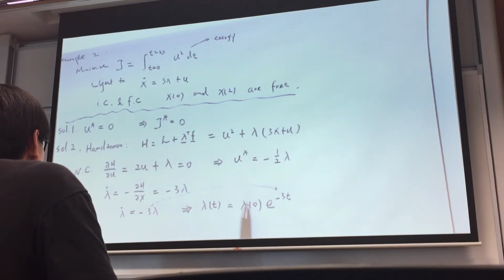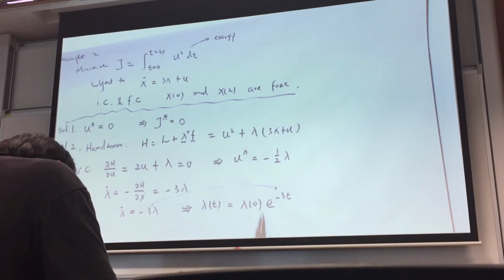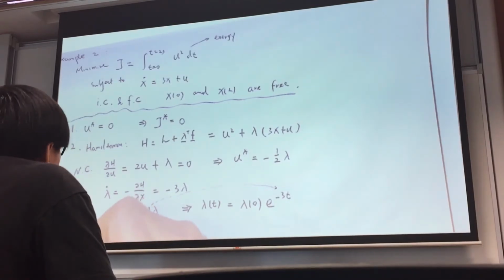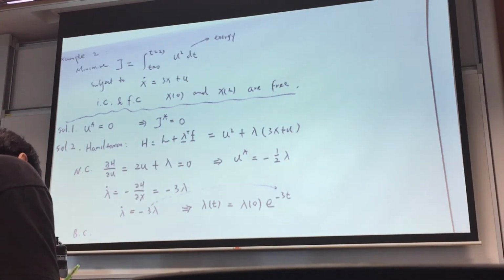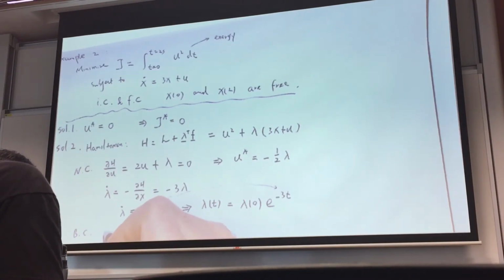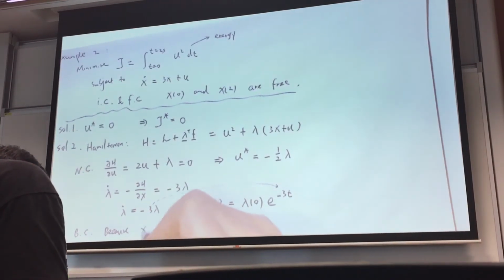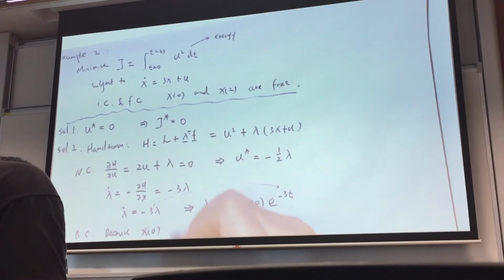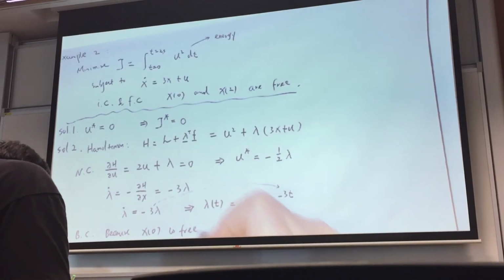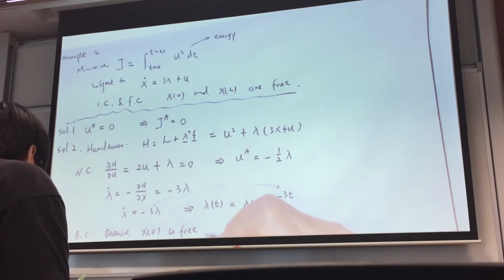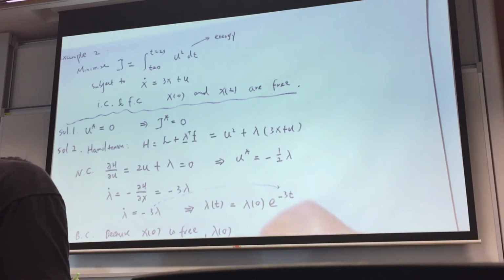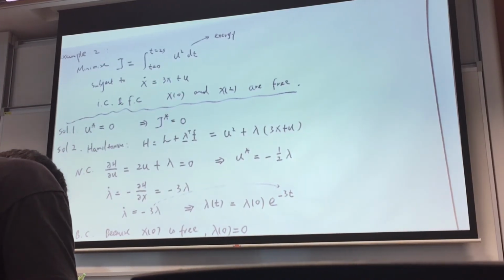To determine this initial condition for lambda, we can use our boundary conditions. In our boundary condition, because our x0 is free, this lambda 0 must be equal to 0.